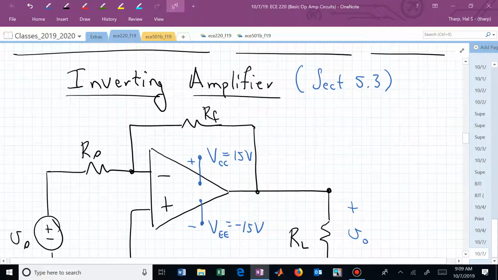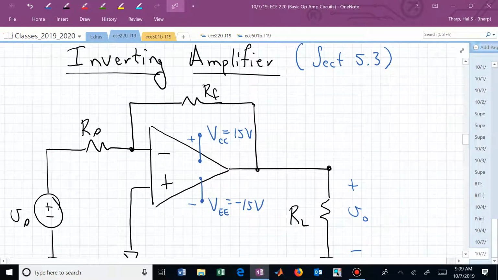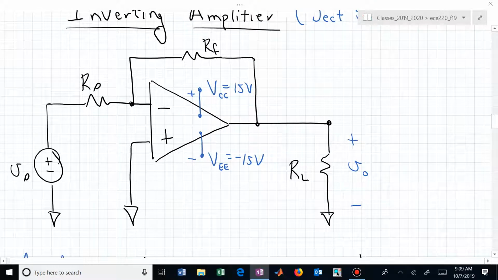Let's look at the inverting amplifier, which is sort of the workhorse that we'll be playing with, but now we have to power it up. We have to energize it. That's what V sub CC and V sub EE are; you'll see this referred to many different ways. You have a positive power supply voltage and a negative power supply voltage, and the negative one could in fact be 0, or it just needs to be less than the positive polarity.